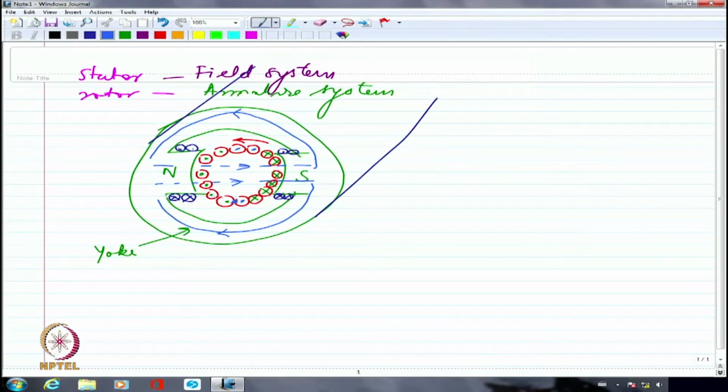So I have the borderline of north pole and the borderline of south pole. There is hardly going to be any current carried by them. In fact, they are changing from dot to cross or cross to dot, because of which you are going to have very, very minimal current.